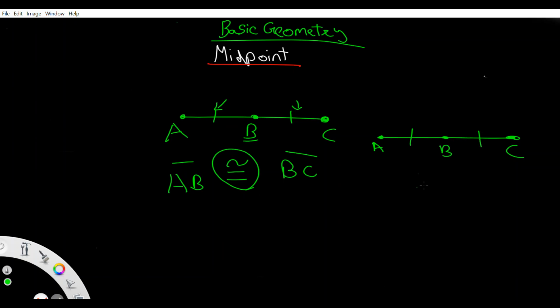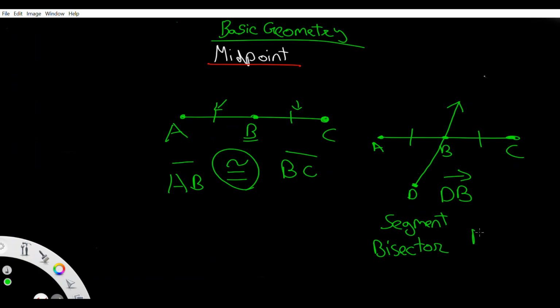Now let's say you have a ray that passes through B, like that. Let's name this ray D. So this ray DB is the segment bisector of AC because it is dividing it into two equal parts, two congruent parts.